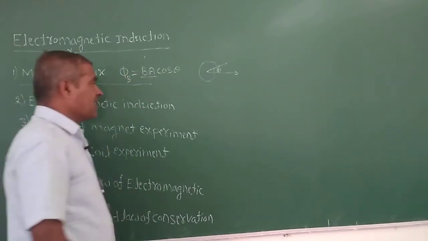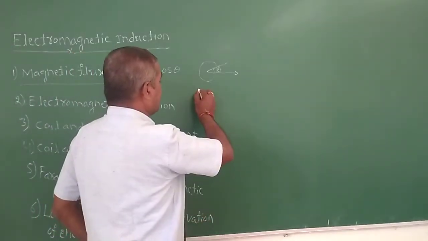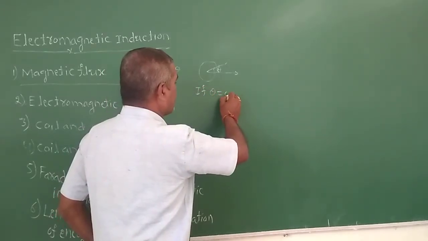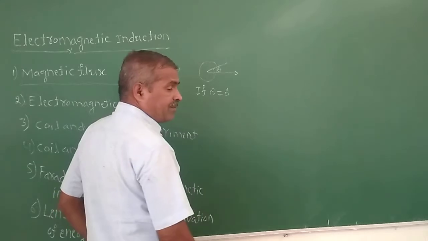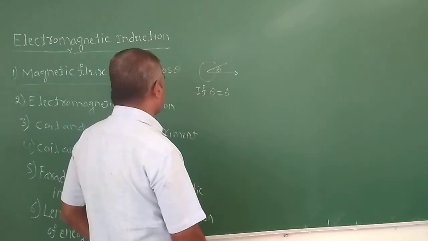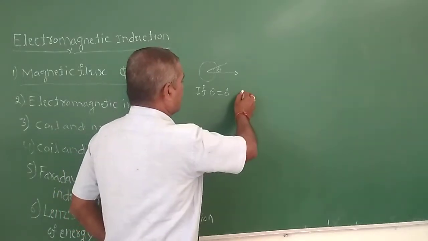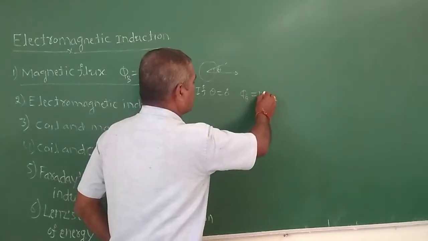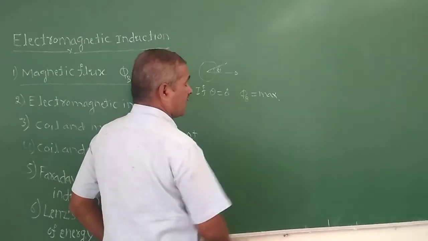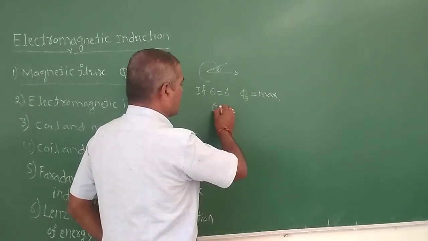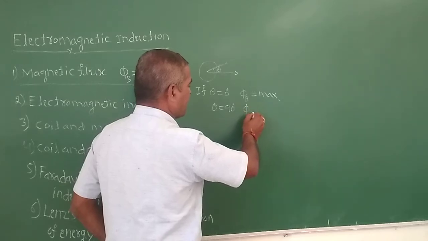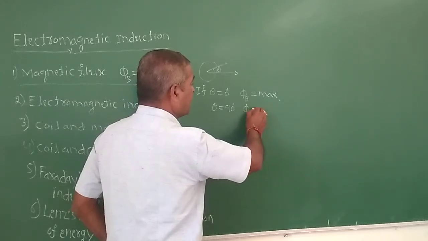Now, for this magnetic flux, if theta is equal to 0 degrees, then the magnetic flux is maximum. If theta is equal to 90 degrees, the magnetic flux is minimum.